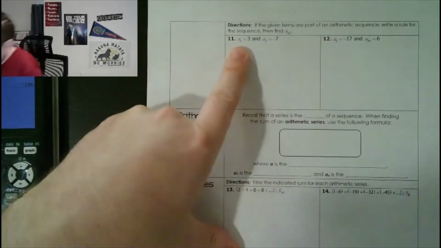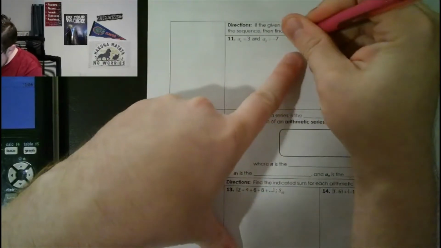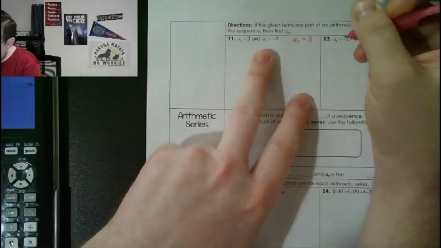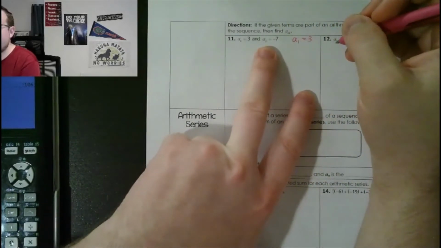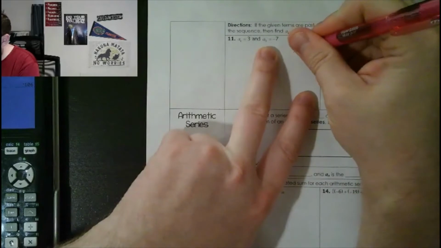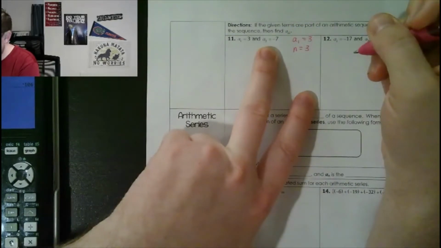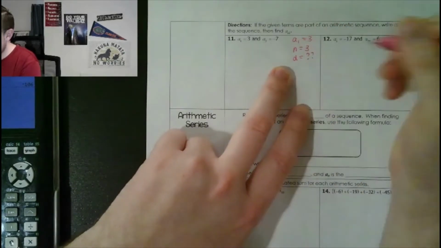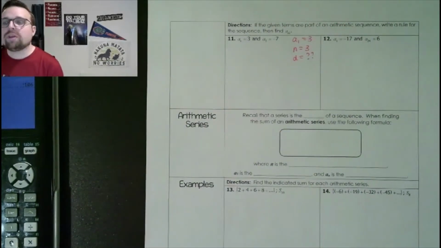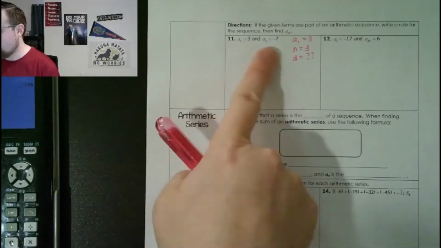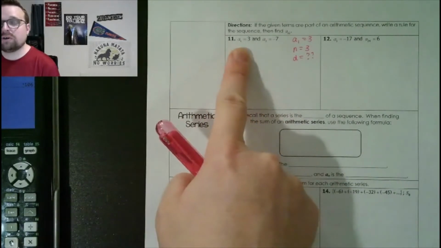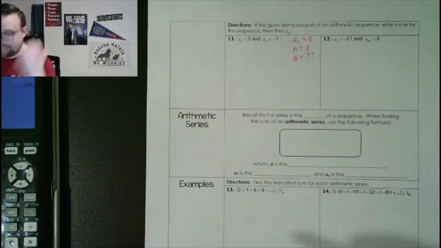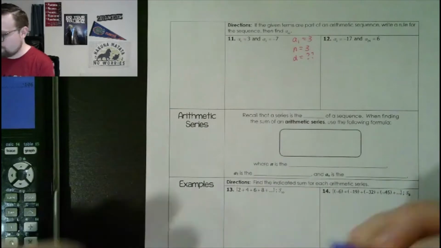If the first term is 3, okay, so a sub 1 is 3, and the third term is negative 7, that means that n is 3, okay, and d is a question mark, okay? You don't know what the common difference is by just being given these terms, so you have to go a little backwards in the formula and figure out what the common difference is. Then you can go ahead and find the 12th term, okay?